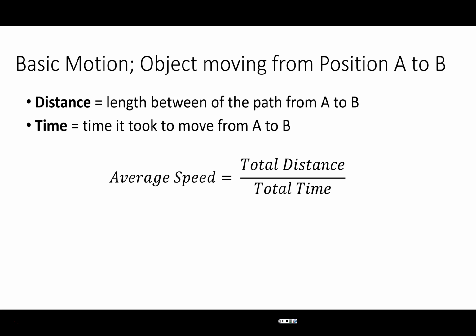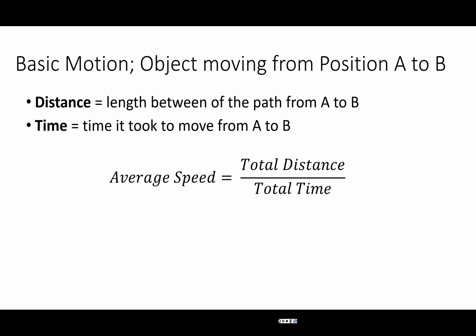If this is the distance from A to B, this thing could be going fast and then slow, fast and slow. Its speed is definitely not constant. But if you just looked at the overall distance and the overall time, that would be the average. That's usually the way we do problems.